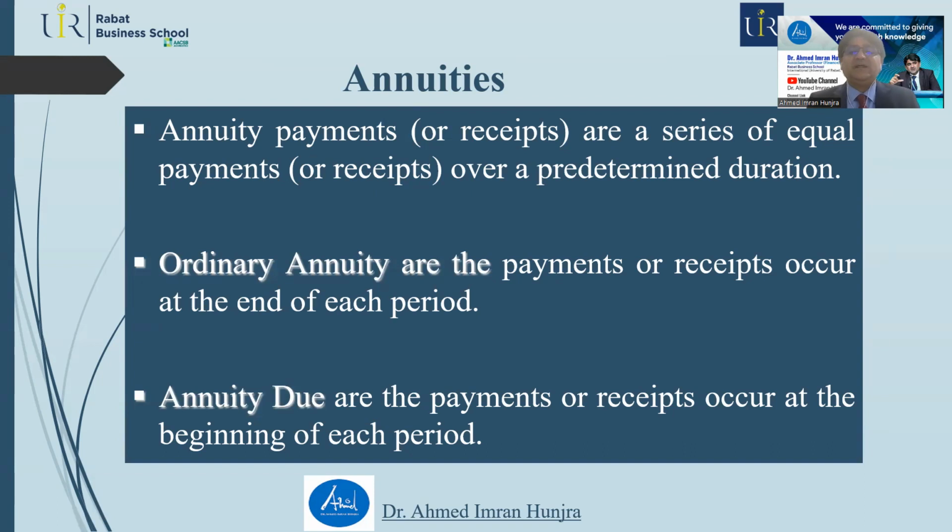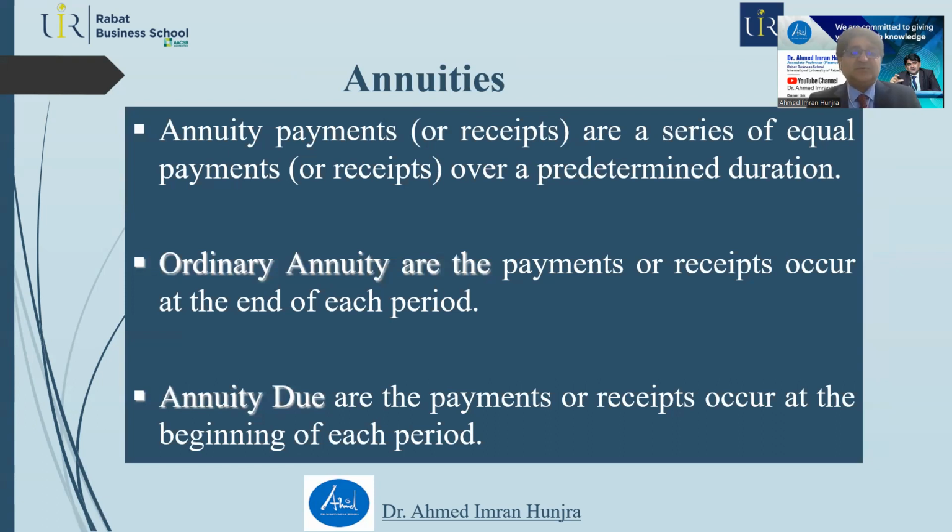In part 1, whatever we have discussed so far related to time value of money was about the single payment. Now we are dealing with more than one payment, but all payments are equal. They are equal payments, that is called an annuity.